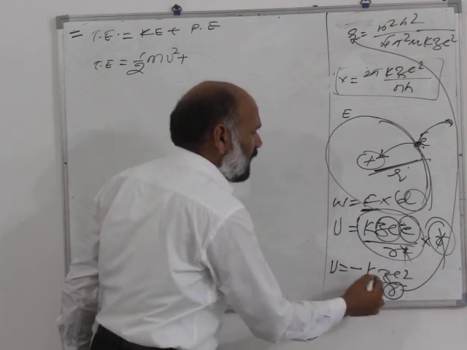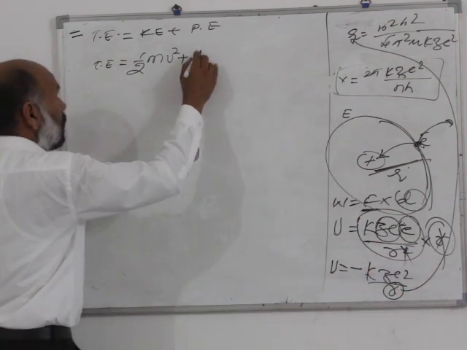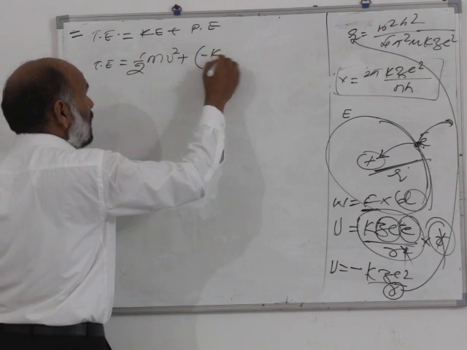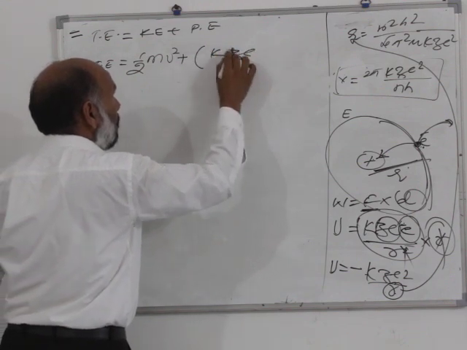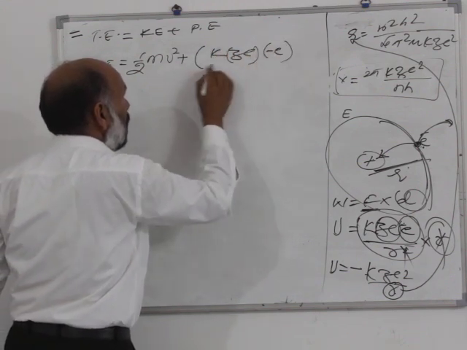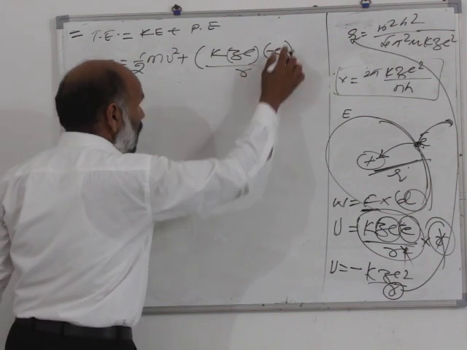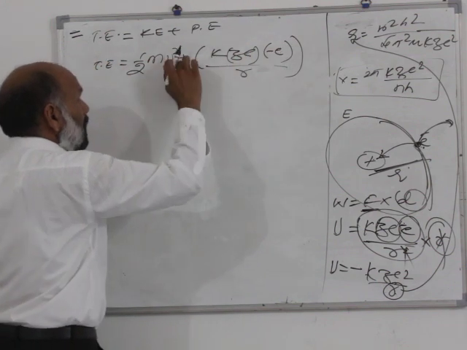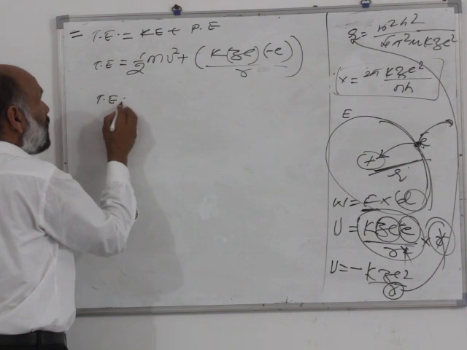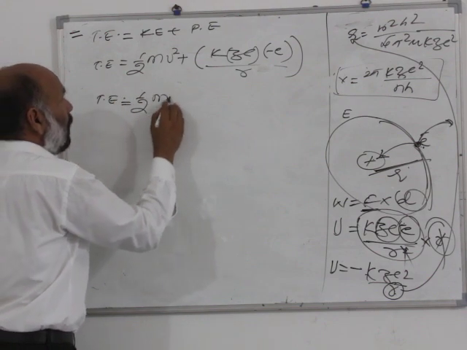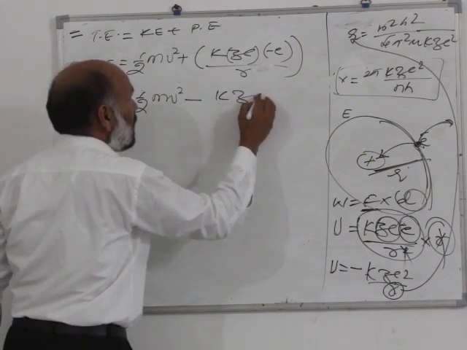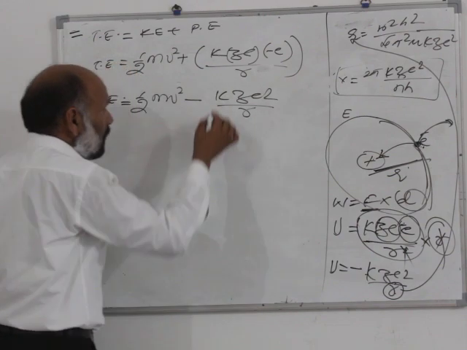So r cancels, k z square upon r, minus k z into e upon r square upon r, minus plus minus. So total energy equals half mv square minus k z square upon r. Remember this quantity.